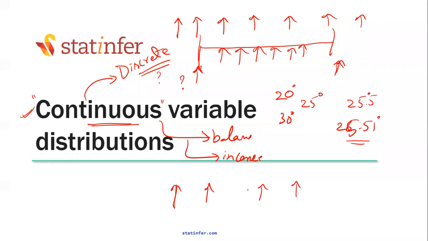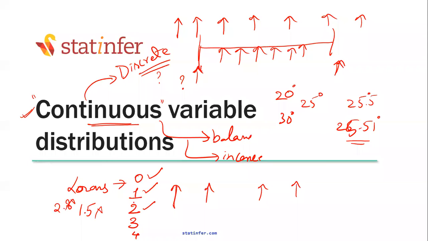Tell me one example of a discrete variable. Think about this: number of loans that you have. Number of loans can be either 0 or 1 or 2 or 3 or 4. Can the number of loans be 1.5? No. Can the number of loans be 2.8? No. They can be either 0 or 1 or 2.